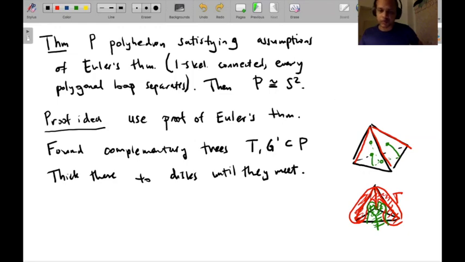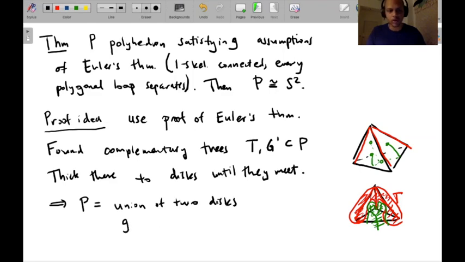But yeah, so the claim is then you get a description of P as a union of two disks glued along their boundary, the boundary circle.